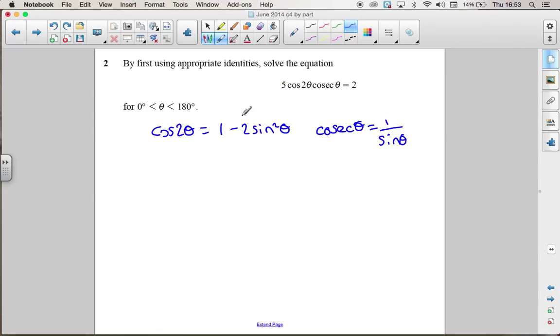So given those two things, we can now write that we've got 5 times cos 2 theta, which we're going to write as 1 minus 2 sine squared theta, times cosec theta, which we're going to write as times 1 over sine theta, equals 2.